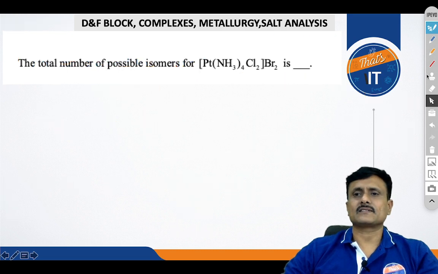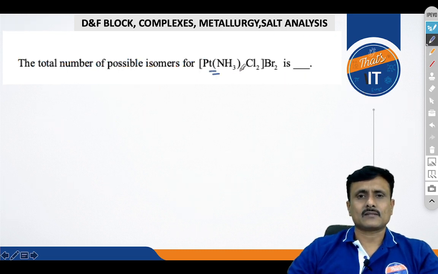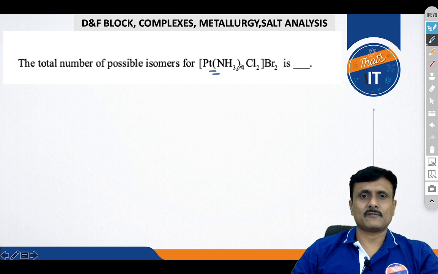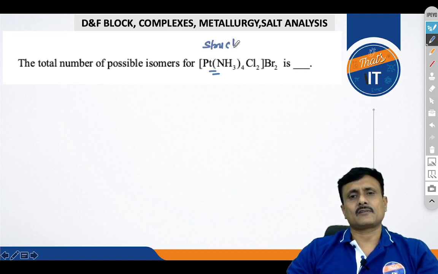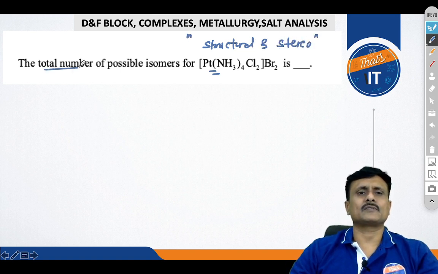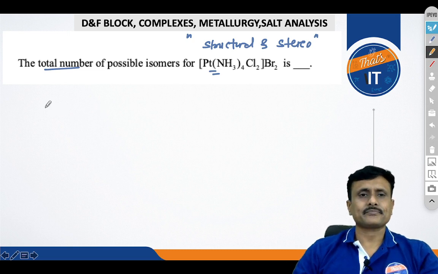Next, let's see the other question. So a platinum complex, isn't it? Total number of possible isomers. First you have to write the structural, and from there you go to the stereoisomers. You have to write both, because total number of possible means you have to consider both.